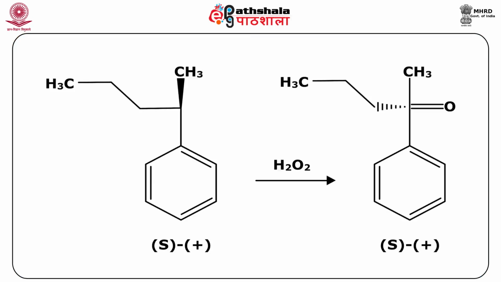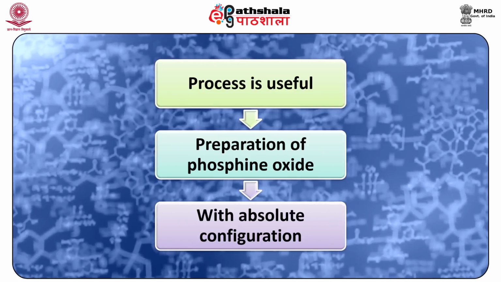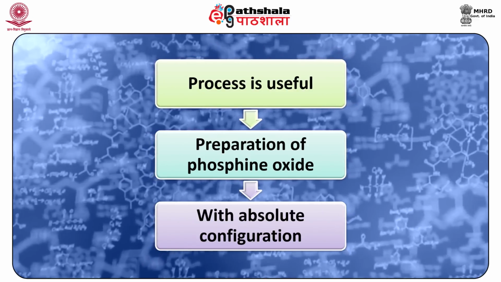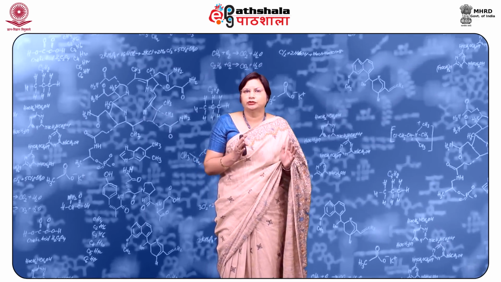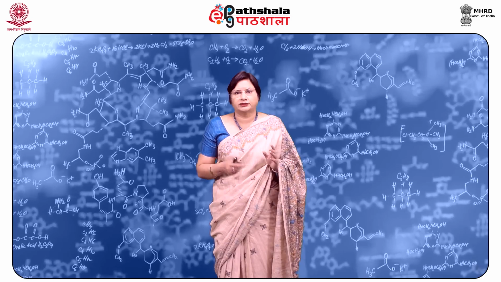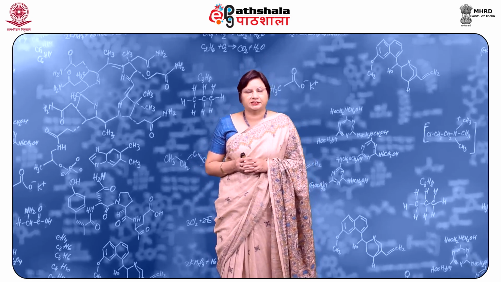For example, S-plus methyl phenyl propyl phosphine reacts with hydrogen peroxide to give S-plus methyl phenyl propyl phosphine oxide, as you can see in this particular scheme shown here. This process is useful in the preparation of phosphine oxide with absolute configuration.